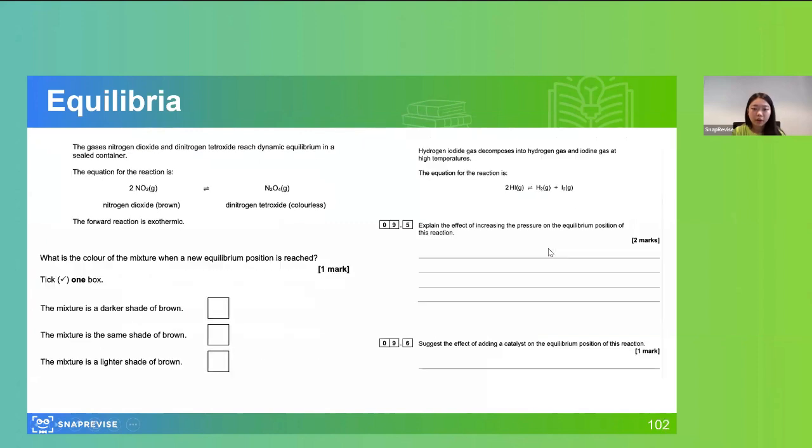We'll move on. There are a few questions regarding equilibria. I do want to have a look at that. I want everyone to have a look at this question.